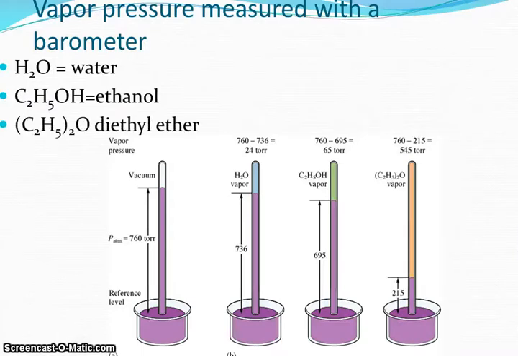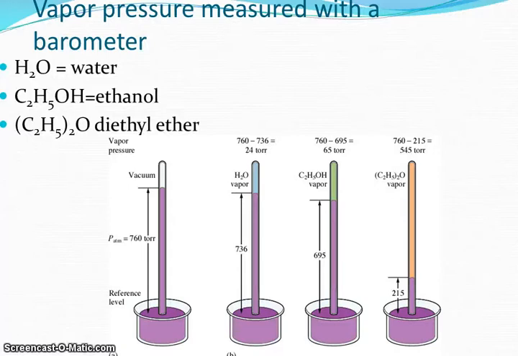Now let's replace the ethanol with diethyl ether. Again, as the diethyl ether vaporizes, the gas above the column of mercury increases, the pressure exerted by that gas goes up, and the mercury level is forced down. The difference between the original 760 and the final pressure is the vapor pressure of our diethyl ether.